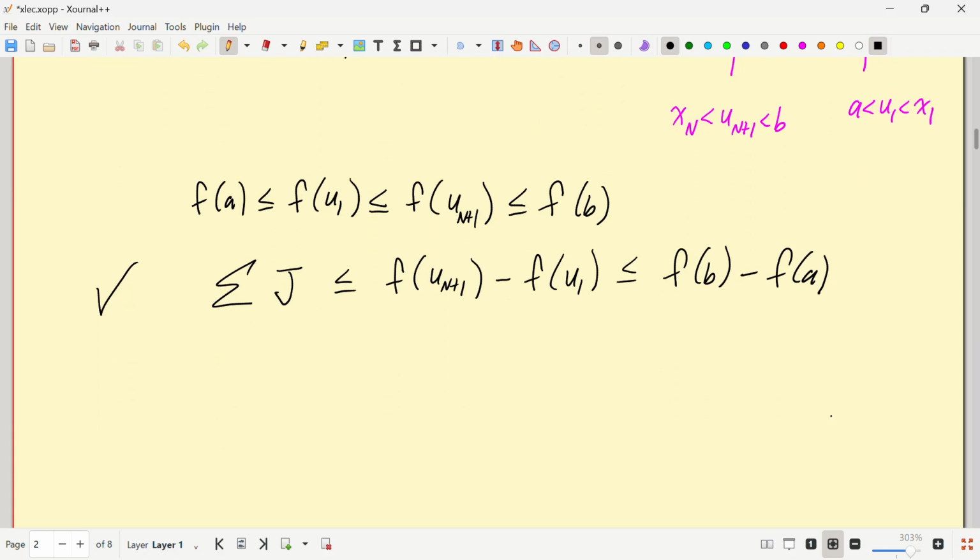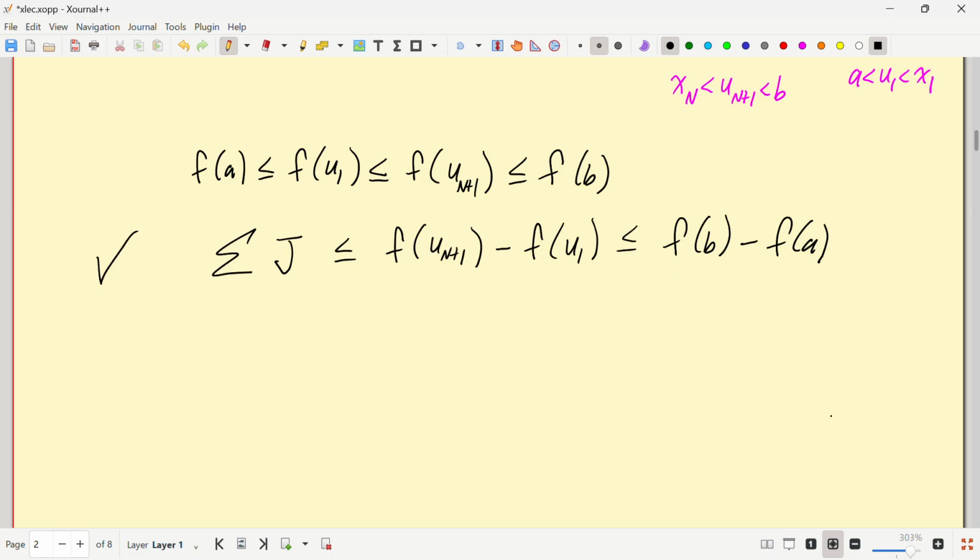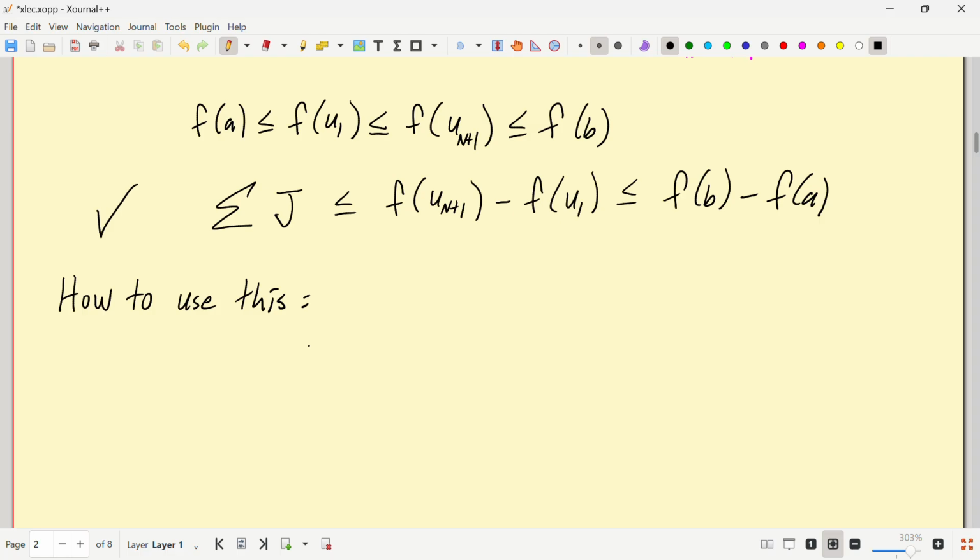This is all I need to see that the number of jumps is at most countably many. Let's see how to use this. Well, let's see. The jumps, ask yourself how many jumps could there be that are of a certain size?